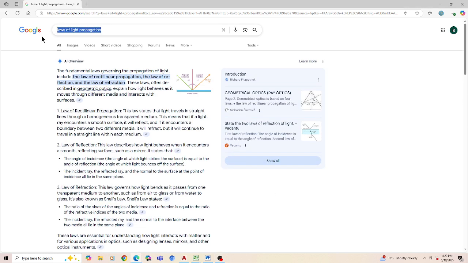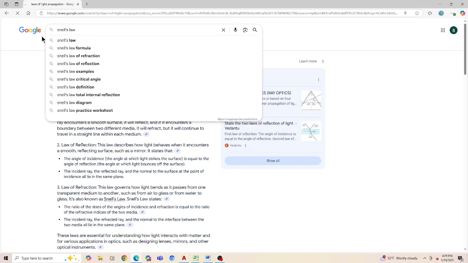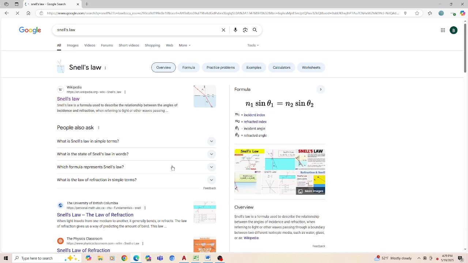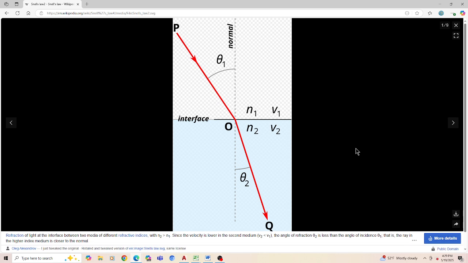But let's now talk about Snell's law. Might as well open up Wikipedia, and truthfully, let's just go right to the meat and bones of it. Anybody can open up what Snell's law is all about and read.